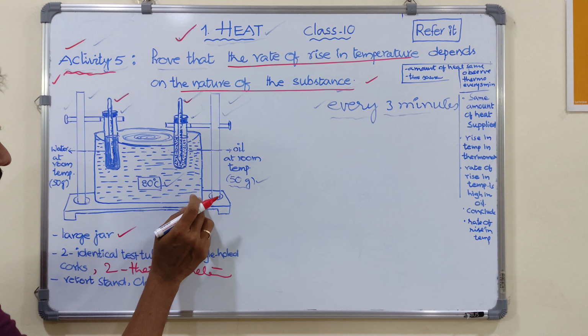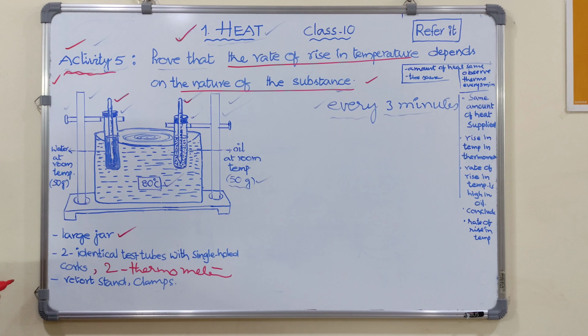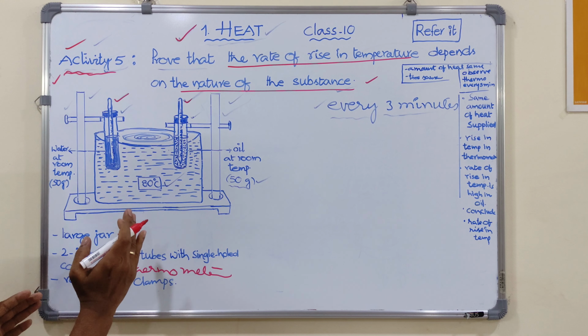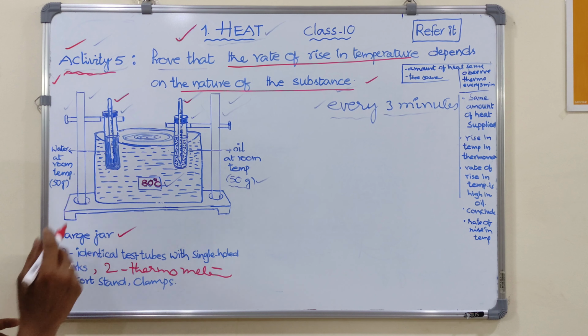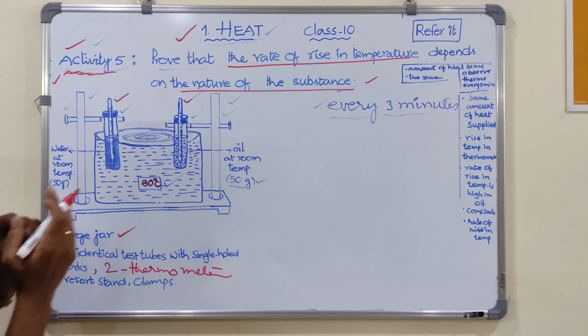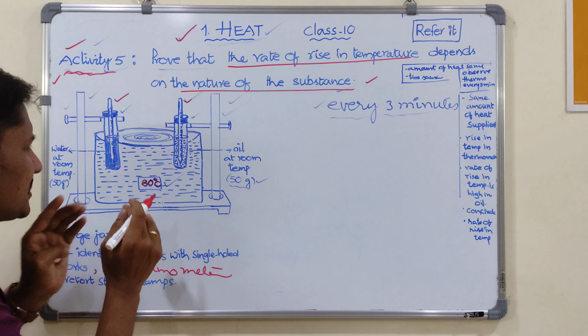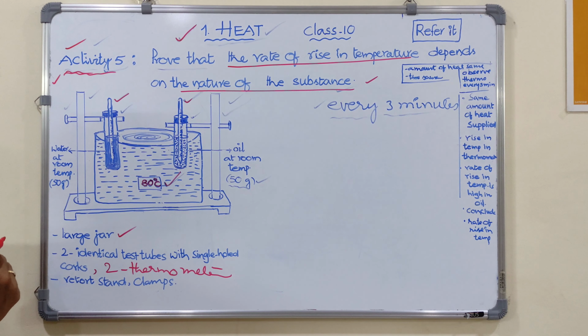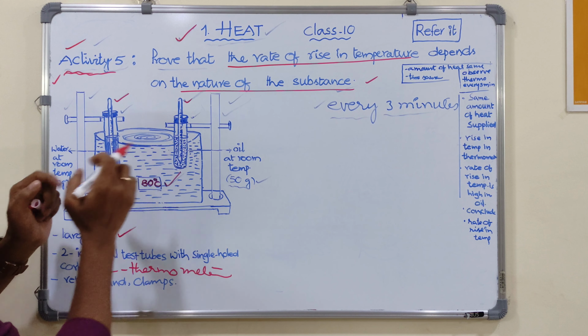First, take this large jar and pour water into that large jar and heat the water up to 80 degrees Celsius. Until reaching 80 degrees Celsius, you have to boil this water. And after reaching 80 degrees Celsius, you have to take these 2 identical test tubes.